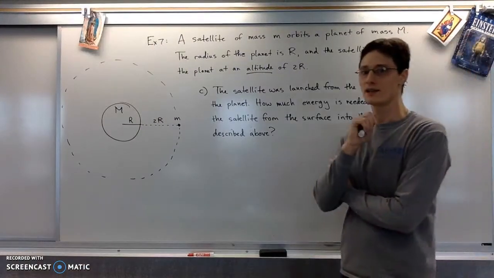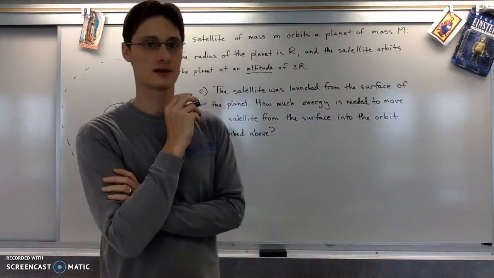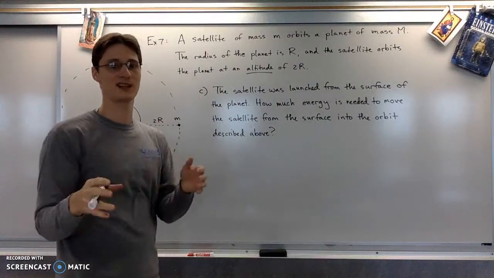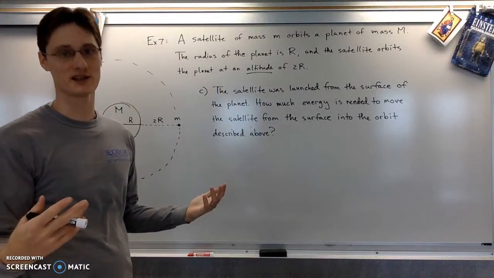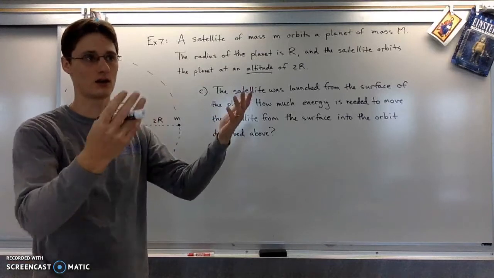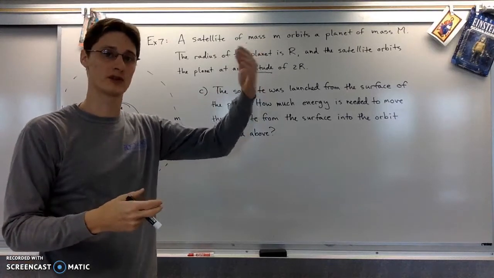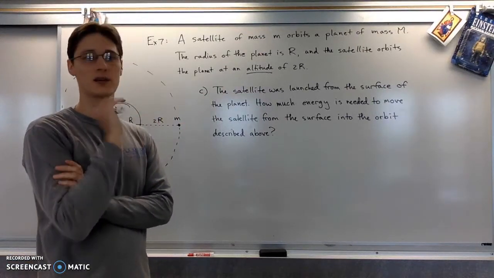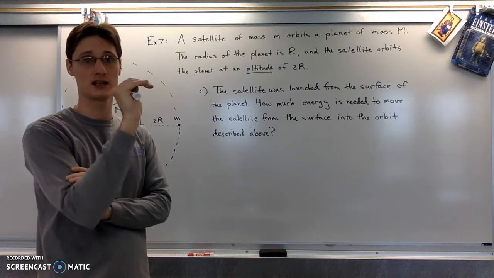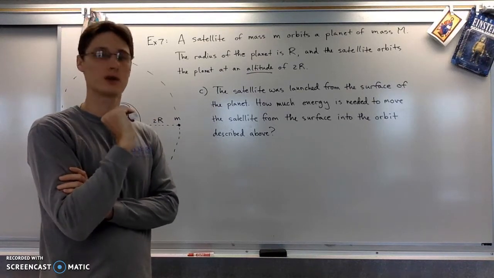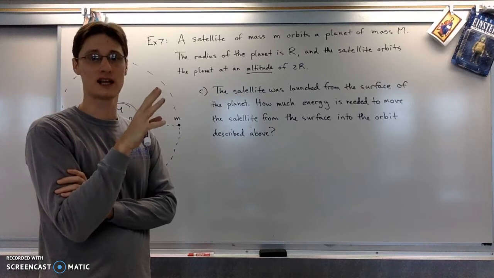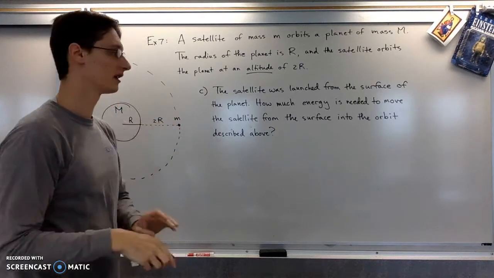So anytime we talk about orbital mechanics, meaning the science of putting things into orbit, how they are in orbit, or how they can move from one orbit to another, they're always talking about changes in energy. There's a certain amount of mechanical energy for a given orbit.